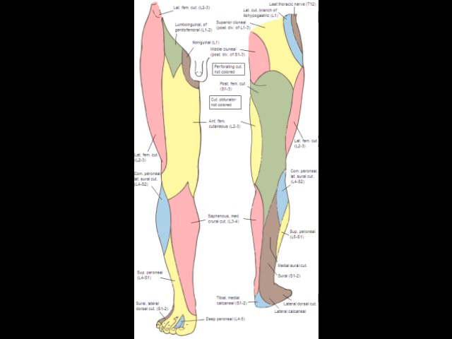Okay, now we're going to talk about the legs and the types of nerves that are in those areas. Starting with the leg on the left in the picture, that is actually the front view of the leg, the anterior view.